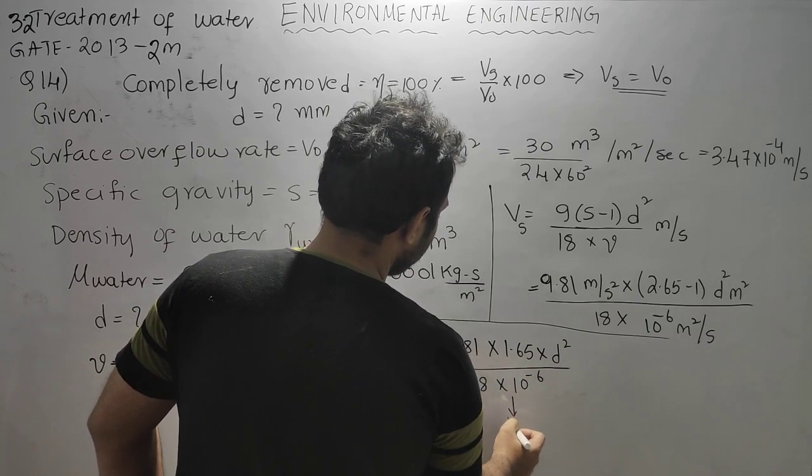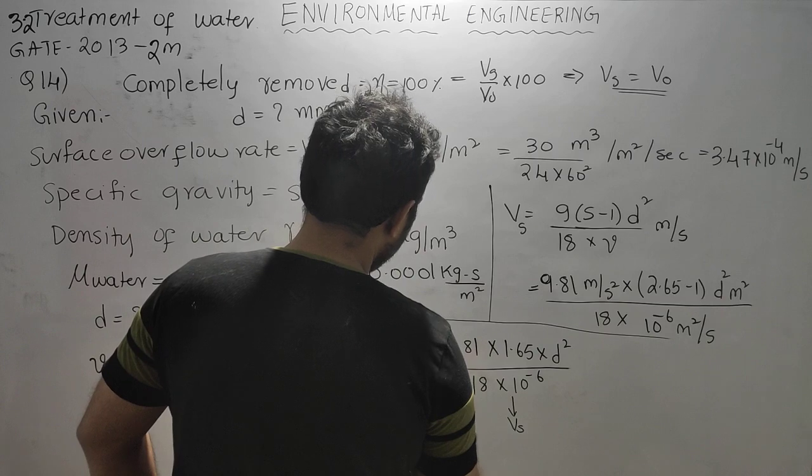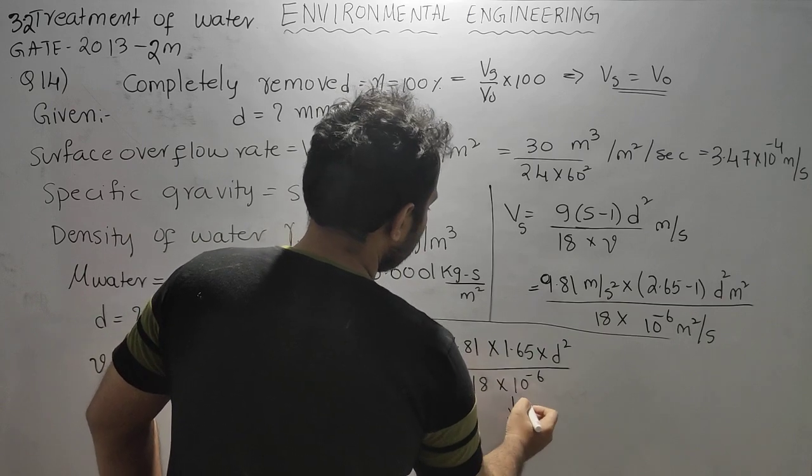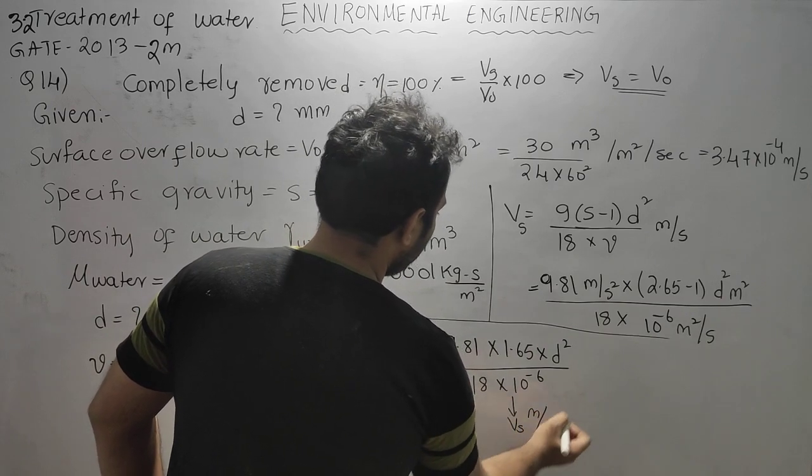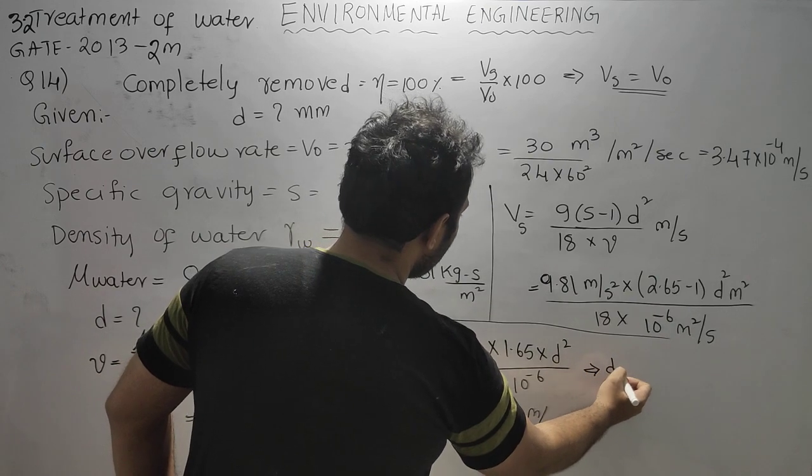This is Vs. This is also in meter per second. So if you equate these two, then you will get the D value.